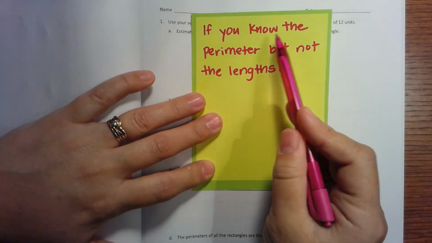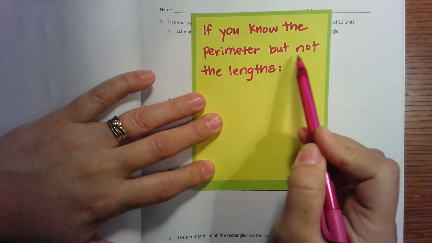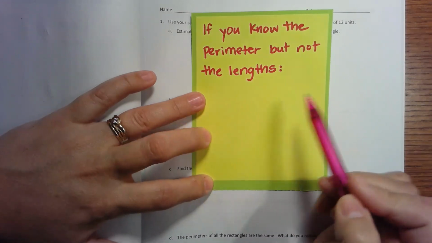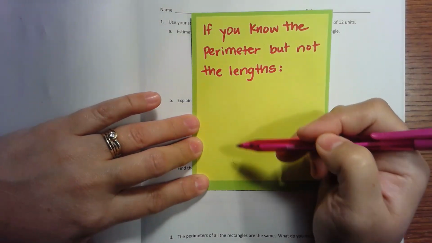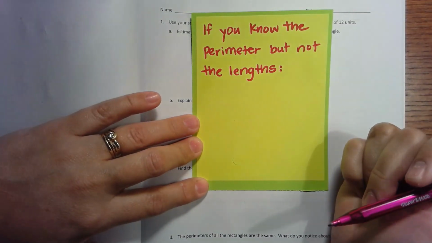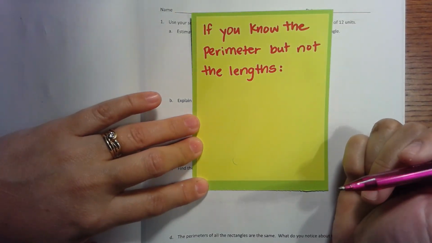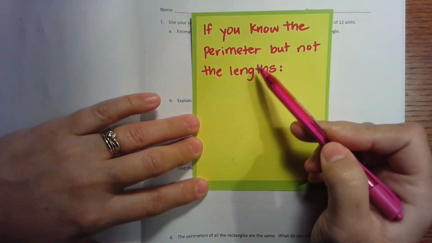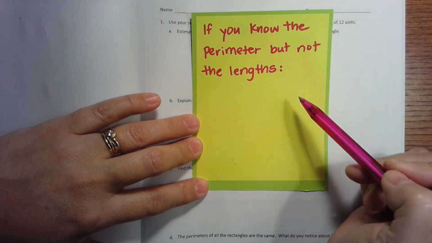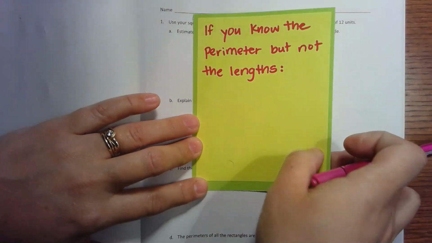What do you do if you know the perimeter but not the lengths? So I'm going to talk it through, and at the end of the lesson we're going to come back and write 3 big ideas here so that you walk away knowing how to do math when they throw you a curveball. They give you the perimeter but not the numbers on the lengths of the sides.